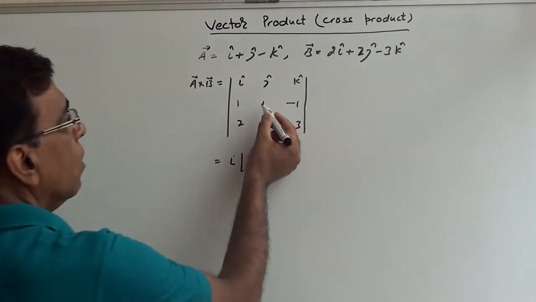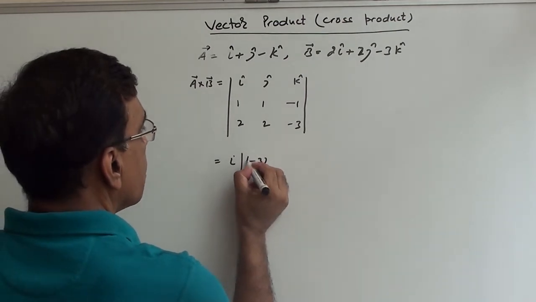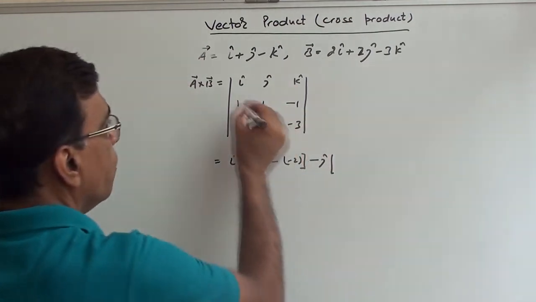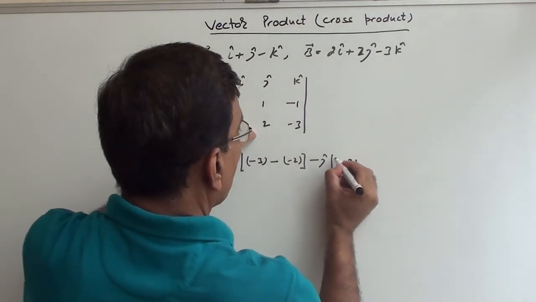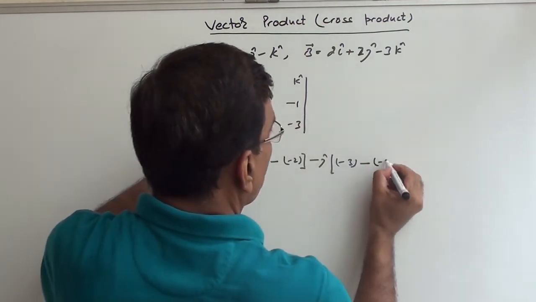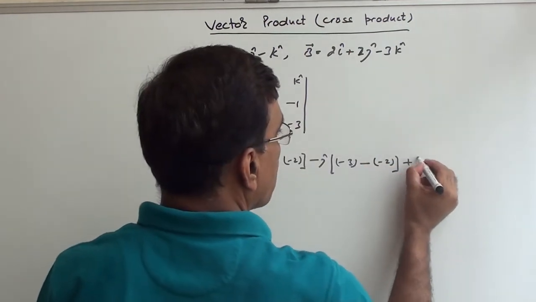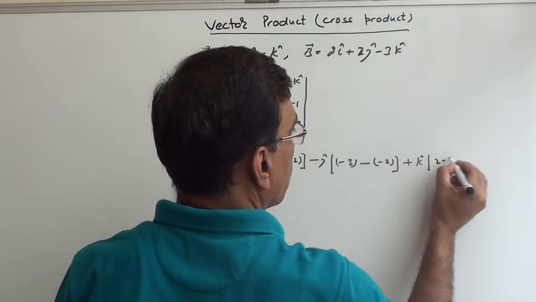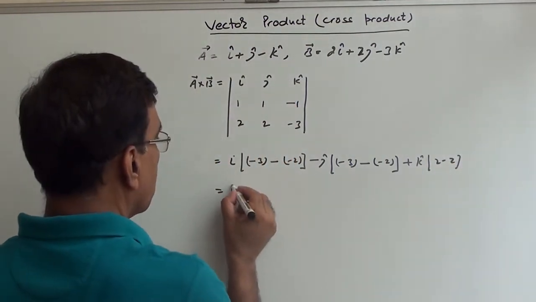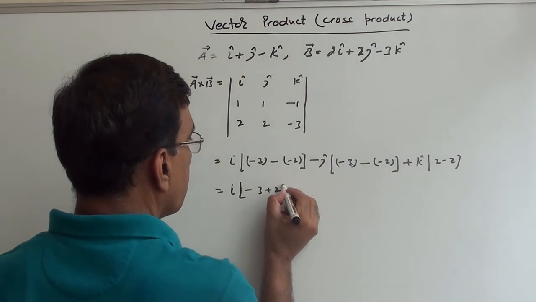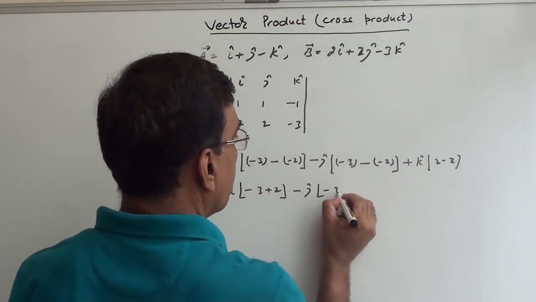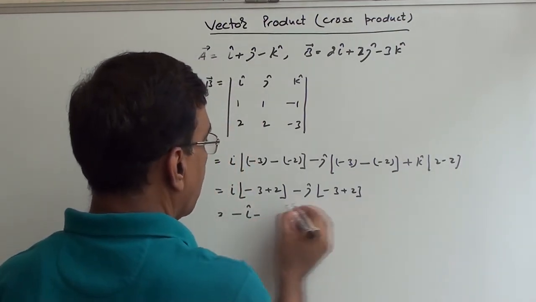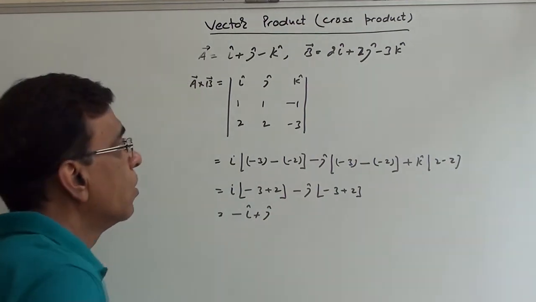To open it, I, this into this, minus 3, minus this into this, minus 2, minus J, leave this and this, minus 3, minus 2, plus K, leave this and this, so 2 minus 2. So it is I minus 3 plus 2, minus J minus 3 plus 2, and this is 0. So minus I cap, and this is plus J cap.